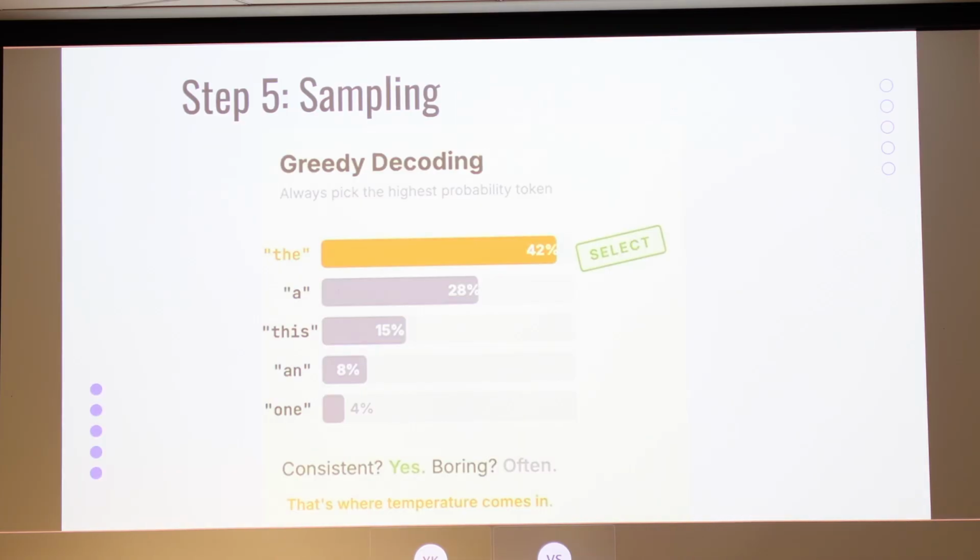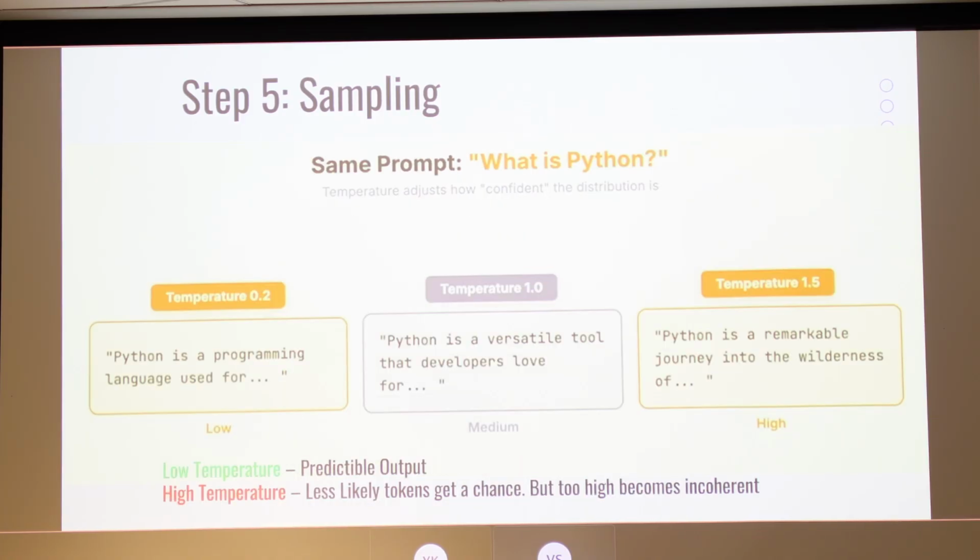But this is very consistent, and a little bit boring. So what you can do is, for the same prompt, like "what is Python," adjust the temperature of the LLM model, and based on the temperature, it will give you less probable or more probable sentences.